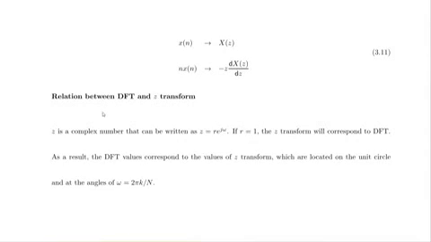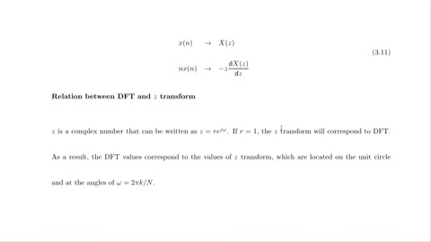Now, relation between DFT and z transform. z is a complex number that can be written as z being equal to r times e to the power of j omega, meaning that DTFT is considered. If we take r being equal to 1, we have DTFT, and we know the relation between DTFT and DFT.